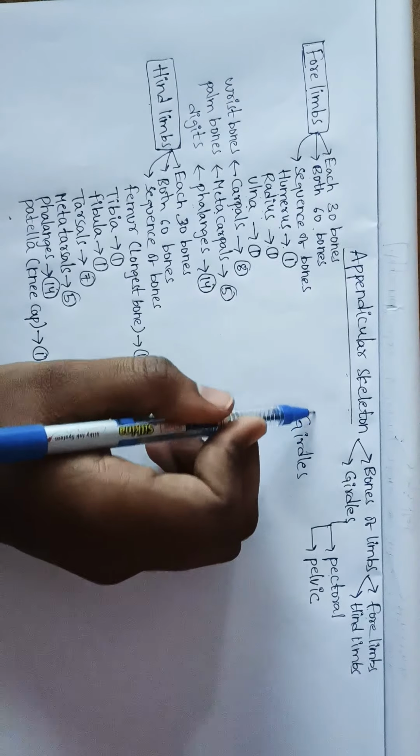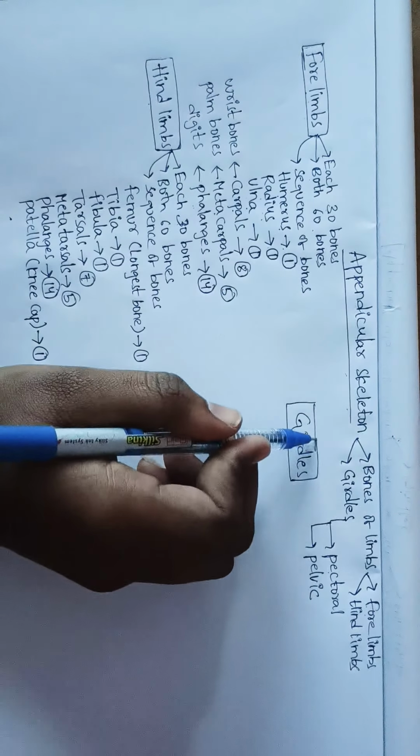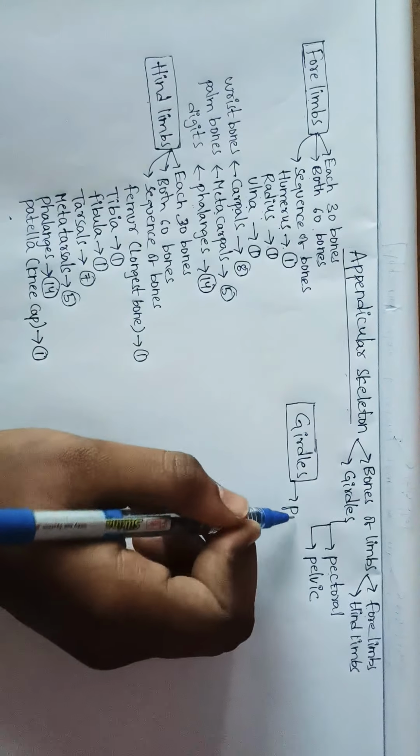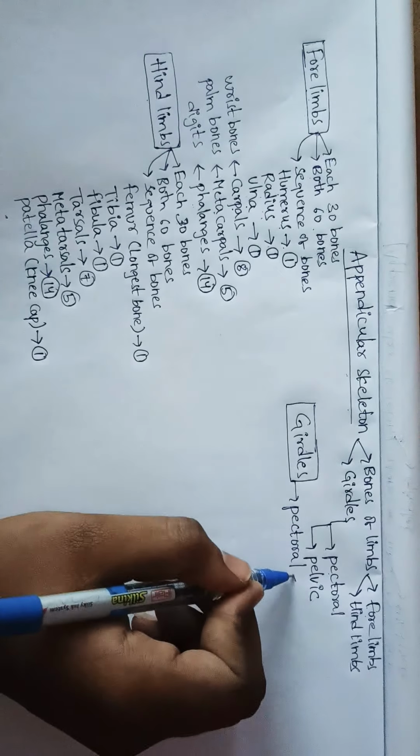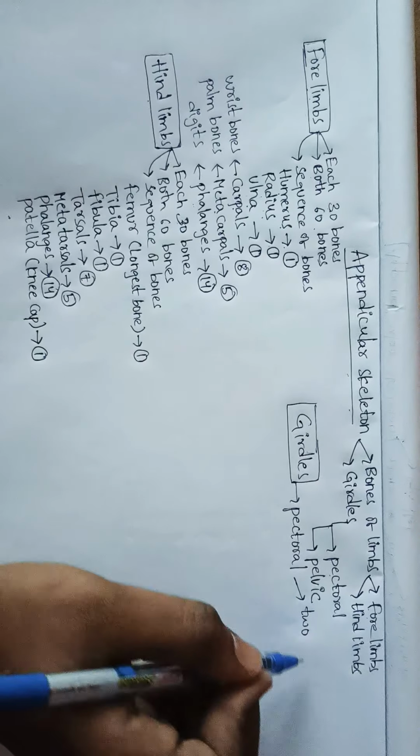Girdles. First, the pectoral girdle. Each pectoral girdle consists of two halves of bones.